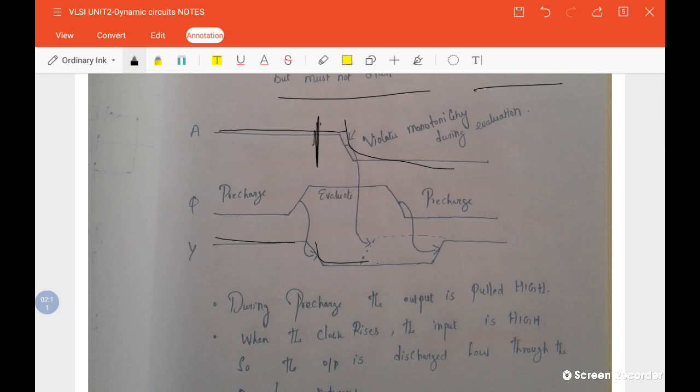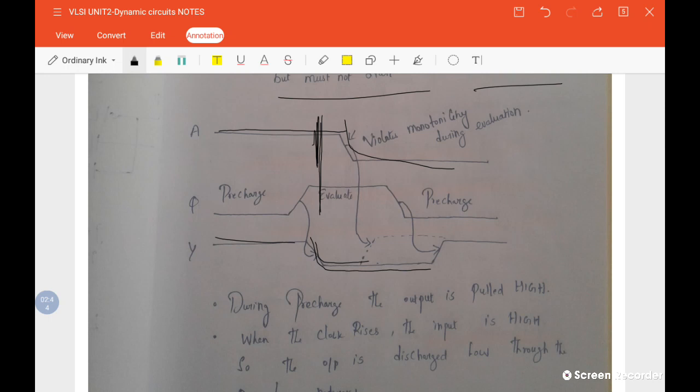At the beginning of evaluation, the clock is also high, so the PMOS is turned off, and the A input signal is high. As an inverter, when input is high, what will be the output? Obviously we expect a low signal. So your output signal Y goes low and floats in the low state itself.